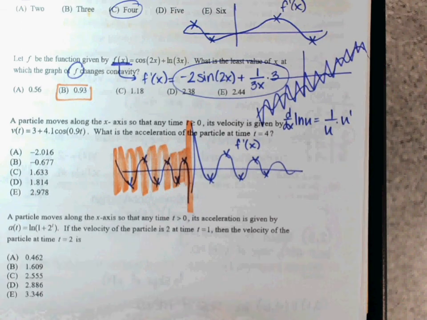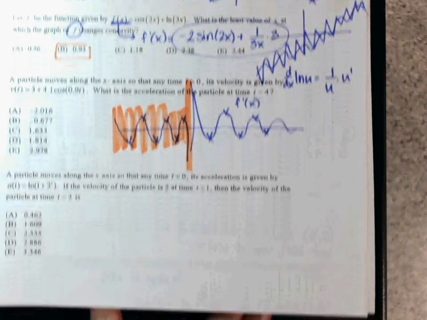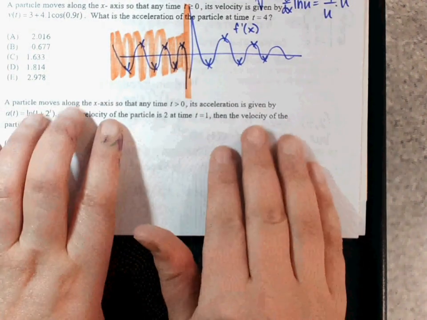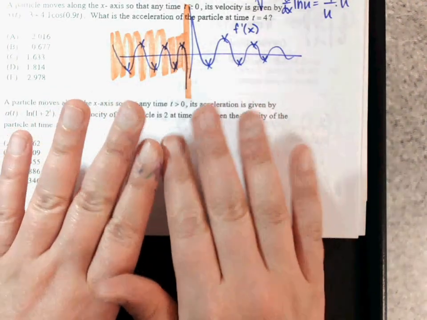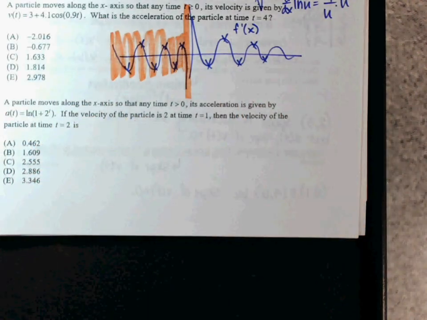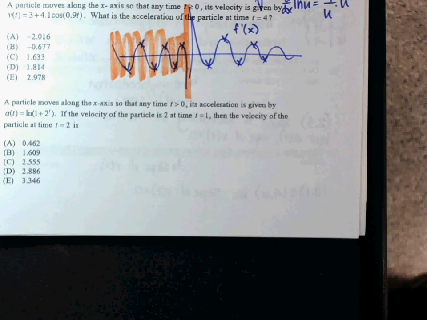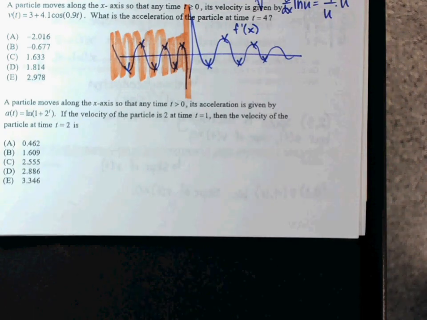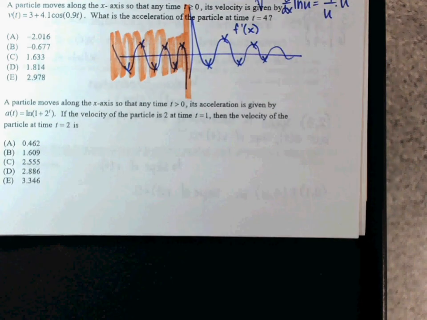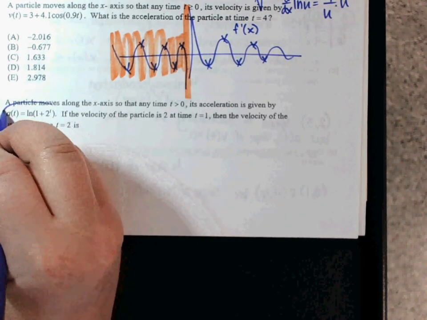Okay, the last one we're going to do is this one. I don't even really want you to do it, I just want you to set it up. We did one like this, I think, in both class periods. You have acceleration, you have this random equation.